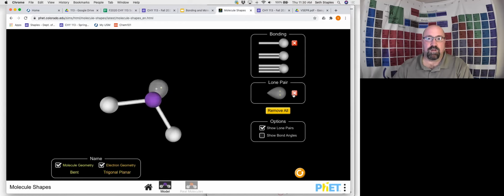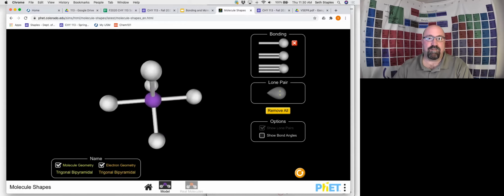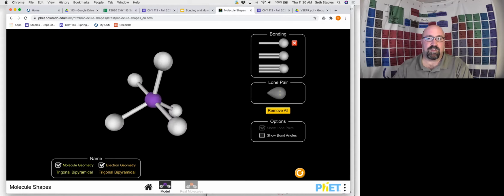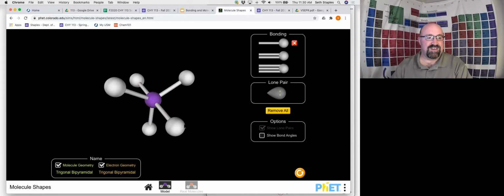So here, 3, 4, 5. So it's a shape that looks like something like this. Trigonal bipyramidal, because we can sort of visualize there being two different pyramids on this, so to speak. And visualize like one of them here, one of them, yeah, if you invert it a little bit, it can be tough to see.